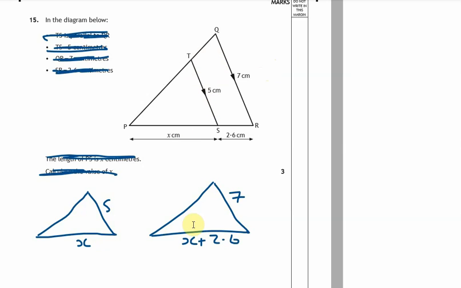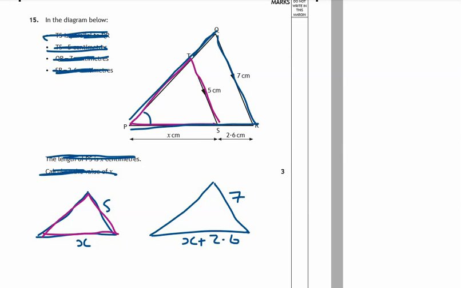So I've instinctively drawn the two similar triangles: this small triangle here, and then the bigger triangle, which goes from P all the way up to Q.